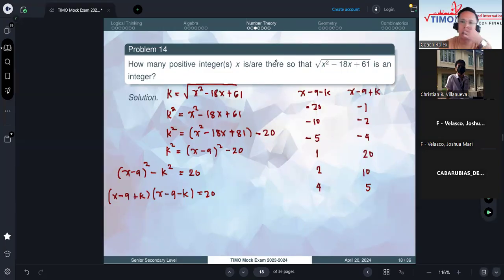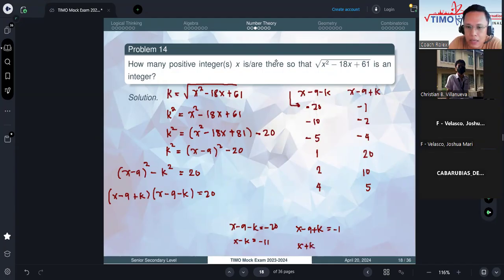You try all these possible values. So for example, if you try this one, x minus 9 minus k is equal to negative 20. So x minus k is equal to negative 11. From here, x minus 9 plus k is equal to negative 1.